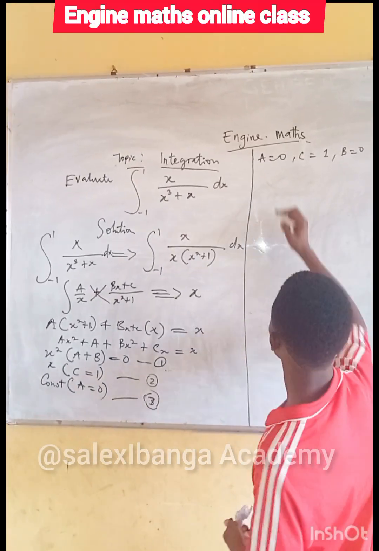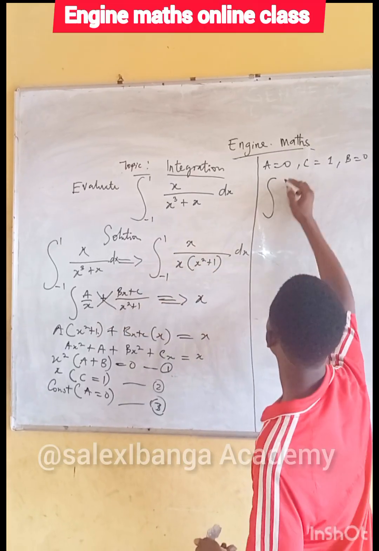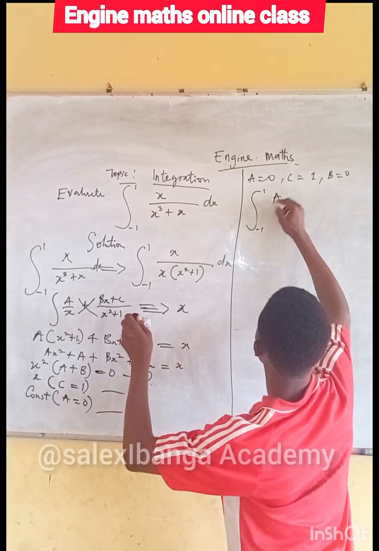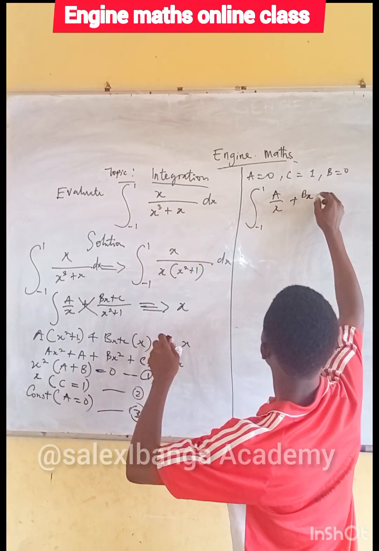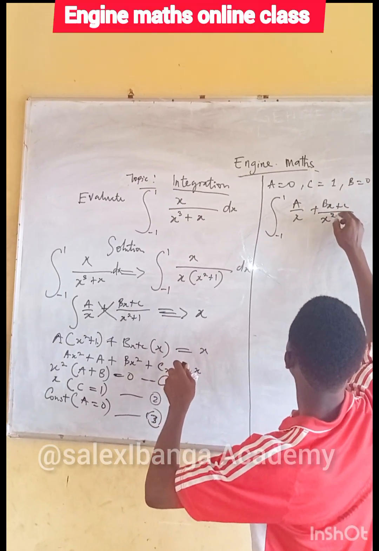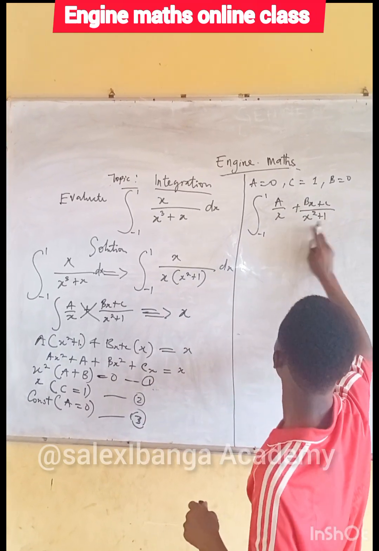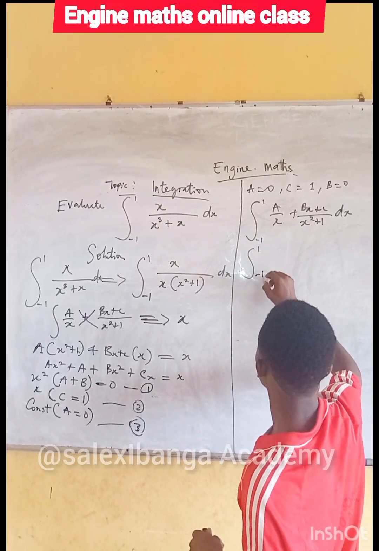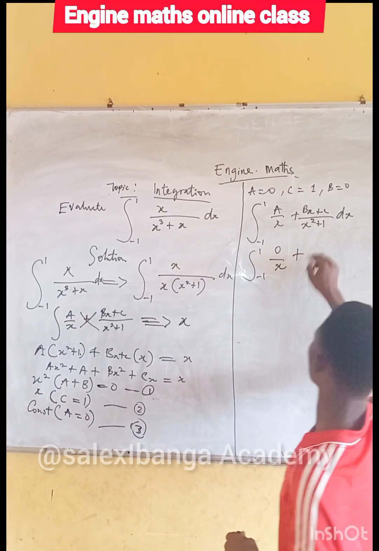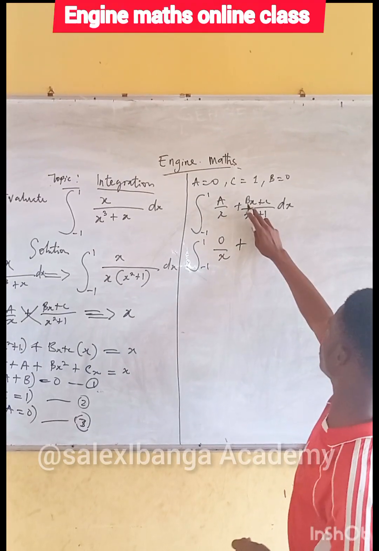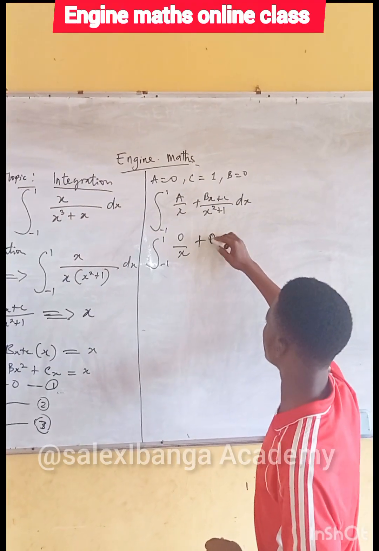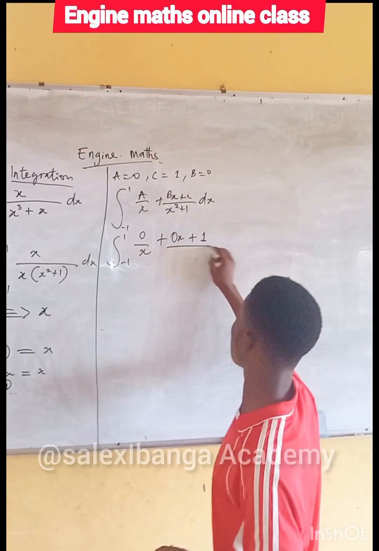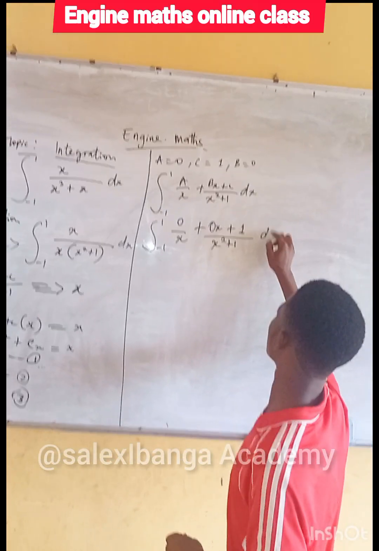So if I do that, the integral from minus 1 to 1 of A over x plus bx plus c all over x squared plus 1 dx. From here, that will be written as the integral from minus 1 to 1 of 0 over x plus, our b is 0, that will be 0x plus our c is 1, all divided by x squared plus 1 dx.